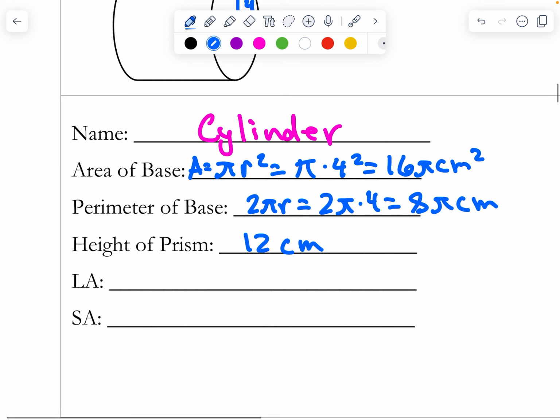So now we can find our lateral area. Our lateral area is just going to be 2 pi r times height. Wait, what am I doing here? It's 8 pi. We already found the perimeter. Actually, let's just use 2 pi r times height here.